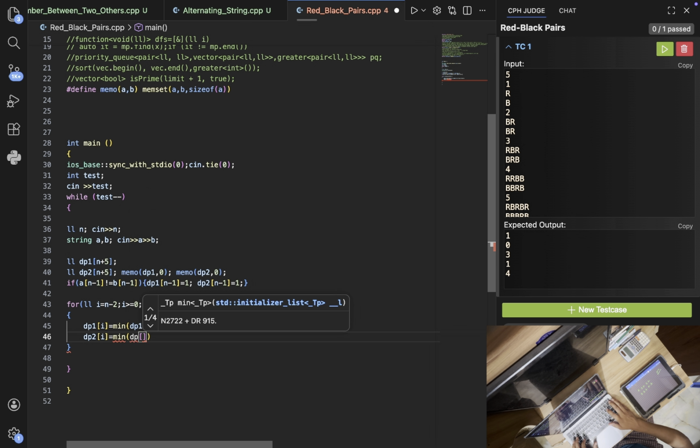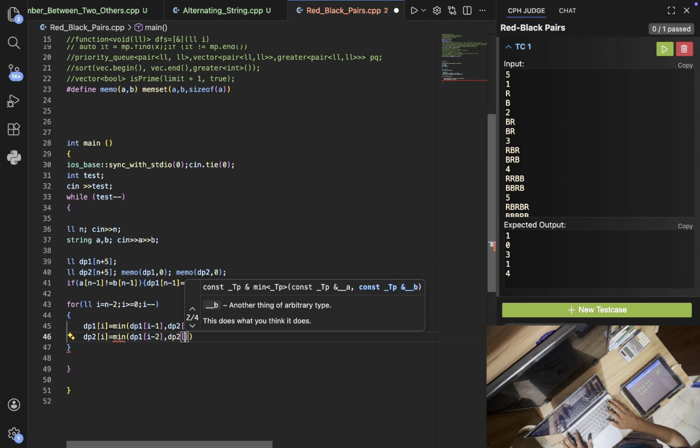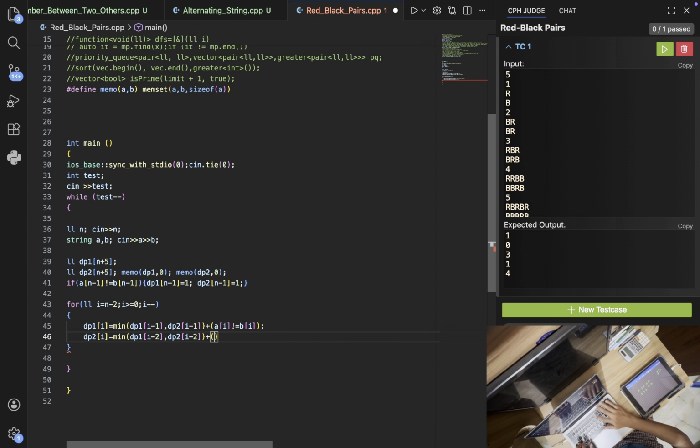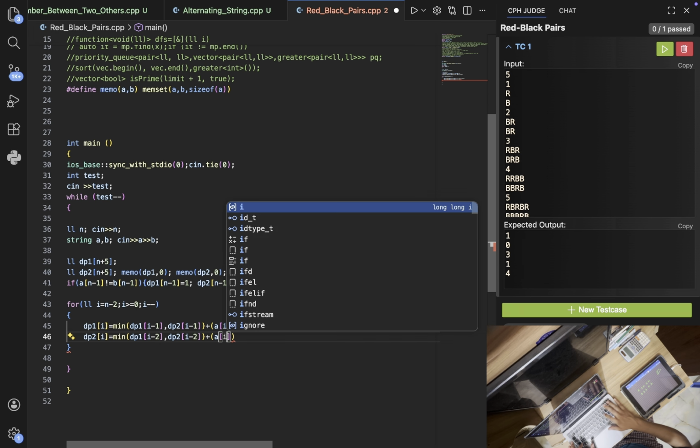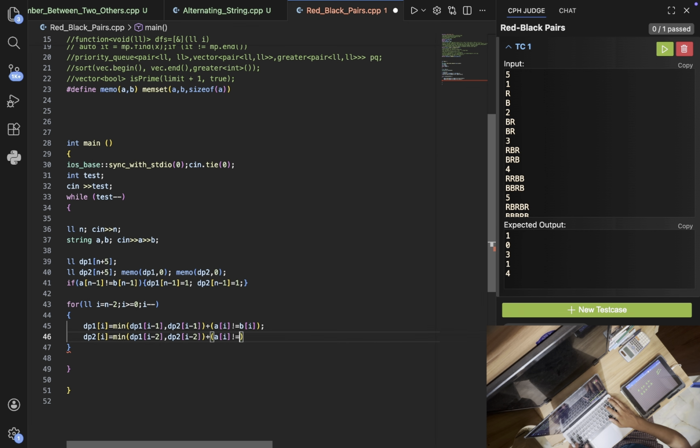Dp2 equal to minimum of dp1 i minus 2, comma dp2 i minus 2 also, plus ai not equal to ai plus 1, plus bi not equal to bi plus 1.